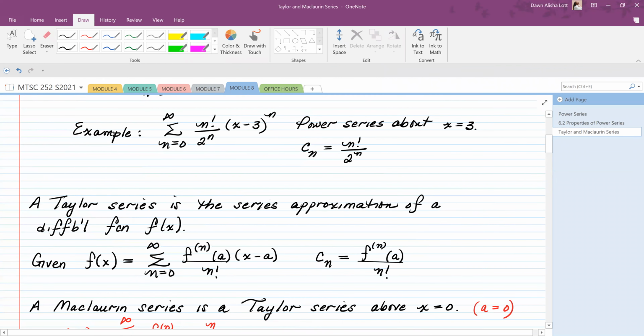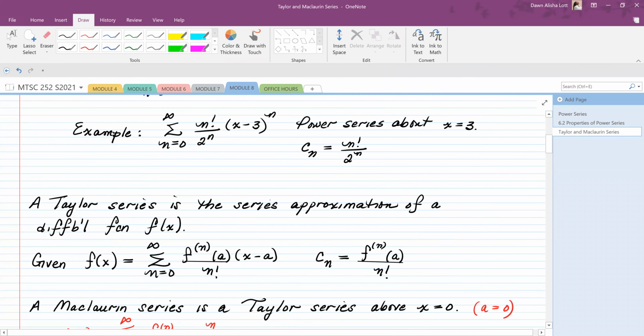Okay, then we had 3 Maclaurin series. The first one was f of x equaled e to the x. That was the sum n equals 0 to infinity of x to the n over n factorial.